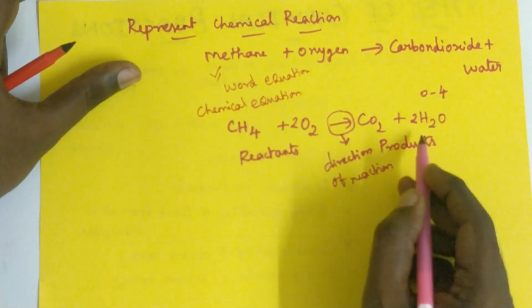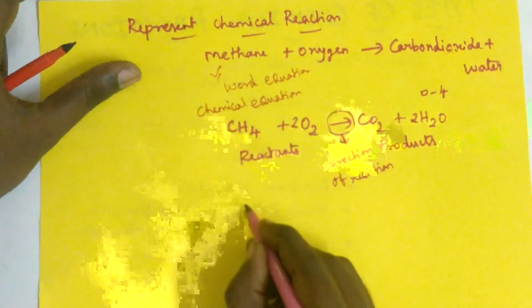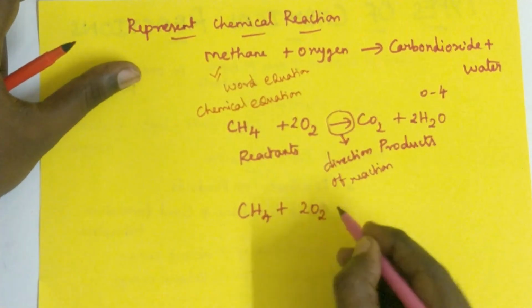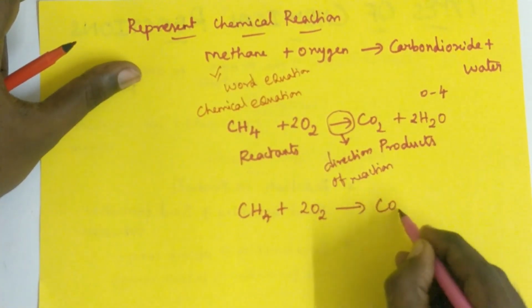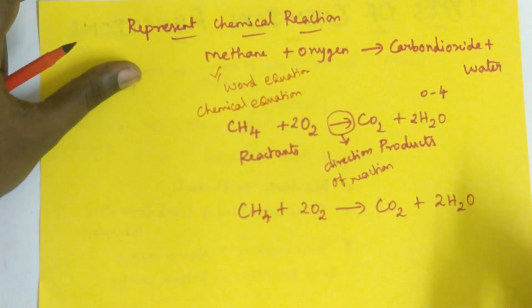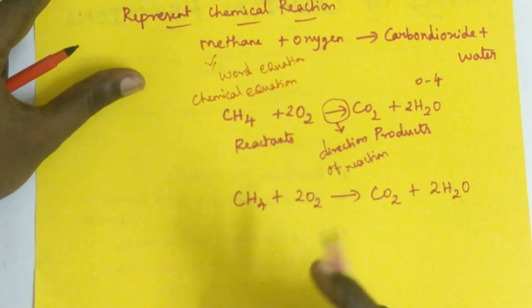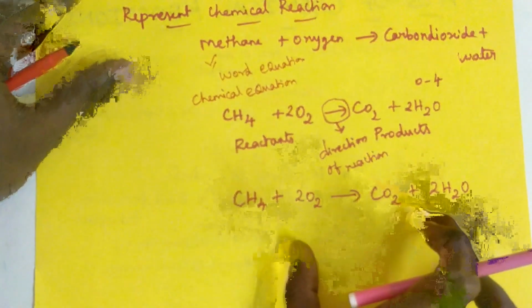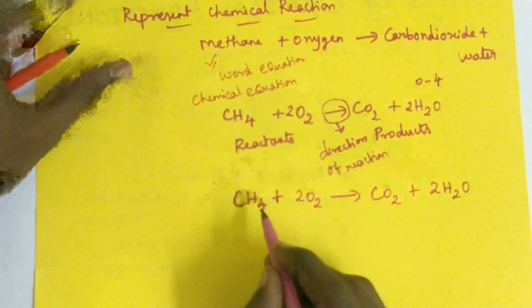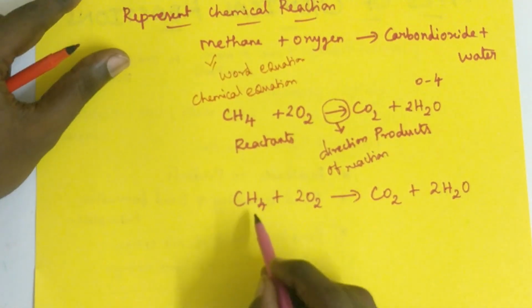So now we get a complete equation: CH4 plus 2O2 gives CO2 plus 2H2O. So it is a complete balanced equation. In this equation, suppose we have to mention physical states, you mention the physical state as a subscript.